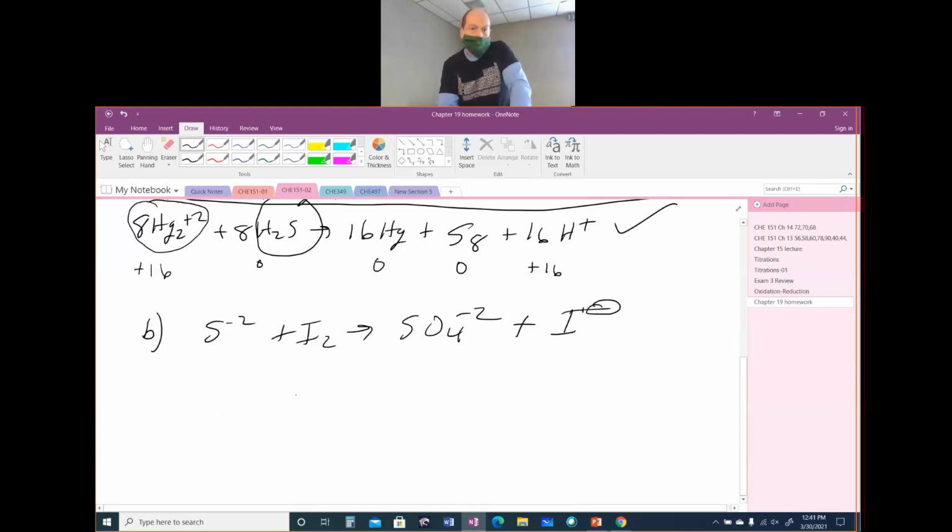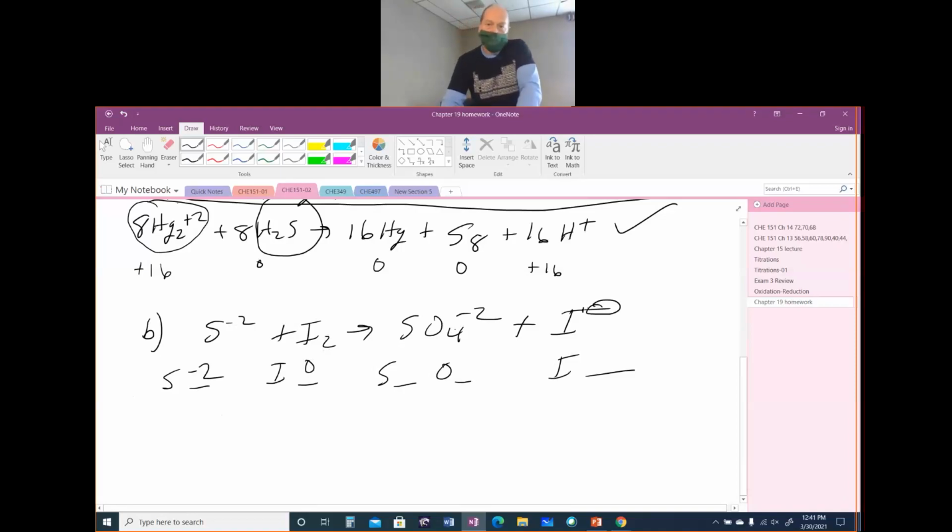All right. So you again have to do your oxidation numbers. You have to have the oxidation numbers of S, I, S, O, and I. A monatomic ion is simply the charge of that ion, minus 2. Iodine, element, periodic table, natural state, 0 is the oxidation number. Oxygen is minus 2 unless it is a peroxide.